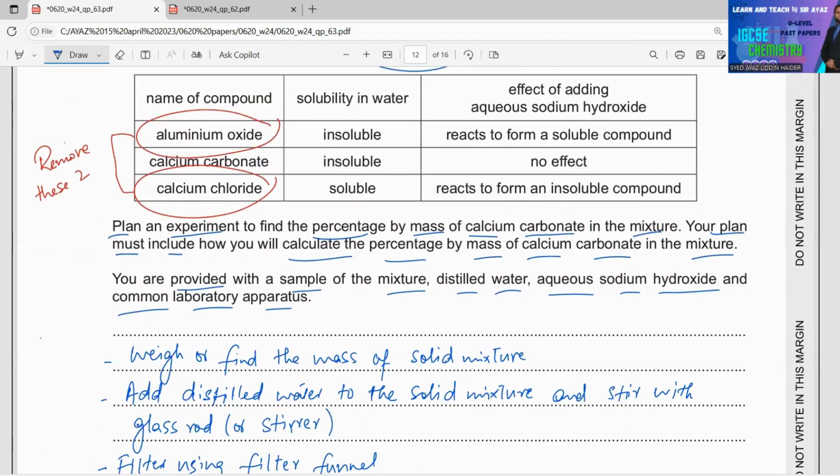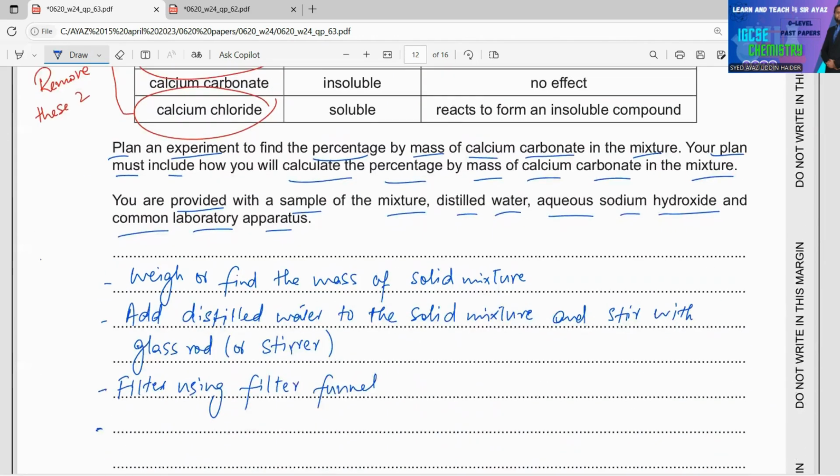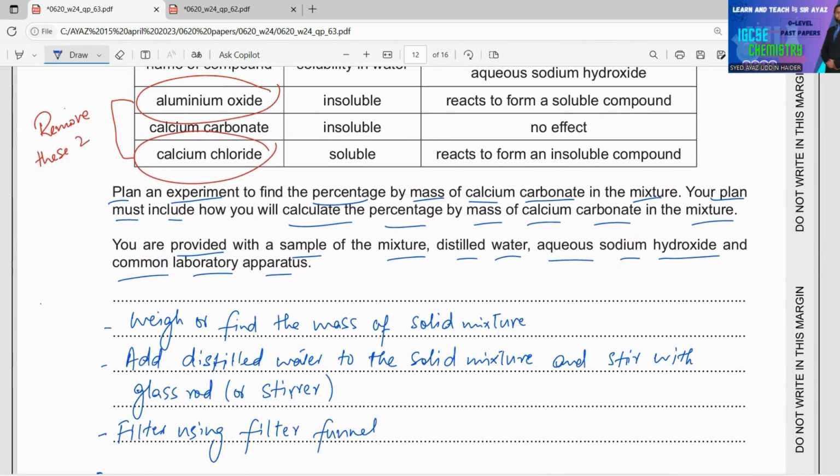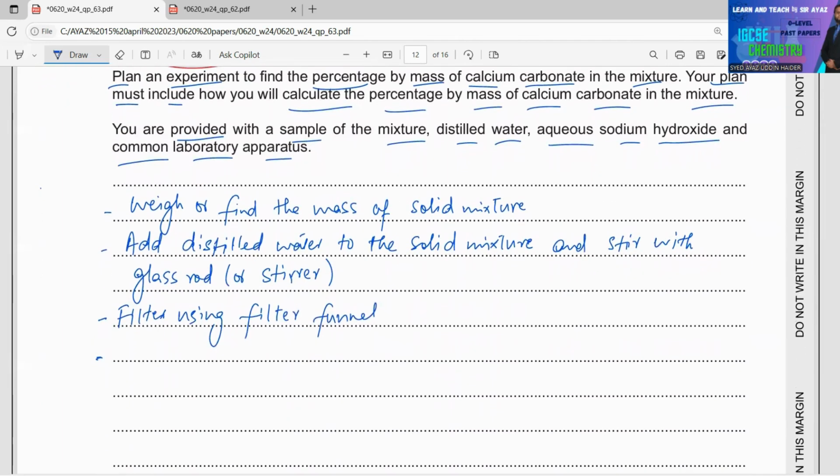If you want, you can add an additional step, that is wash the residue with distilled water so that whatever calcium chloride is left in the residue will be removed. This one is optional.